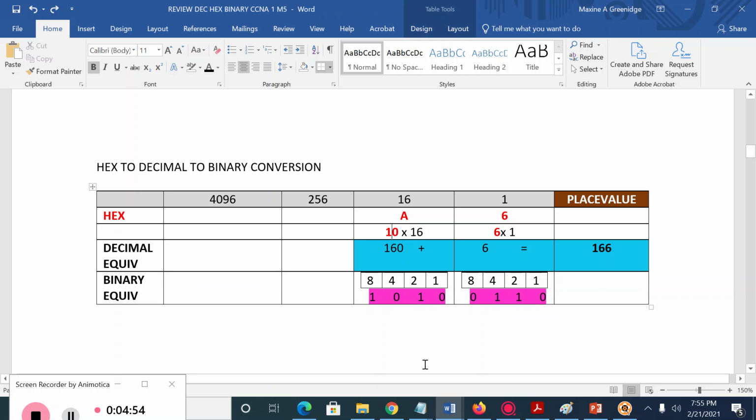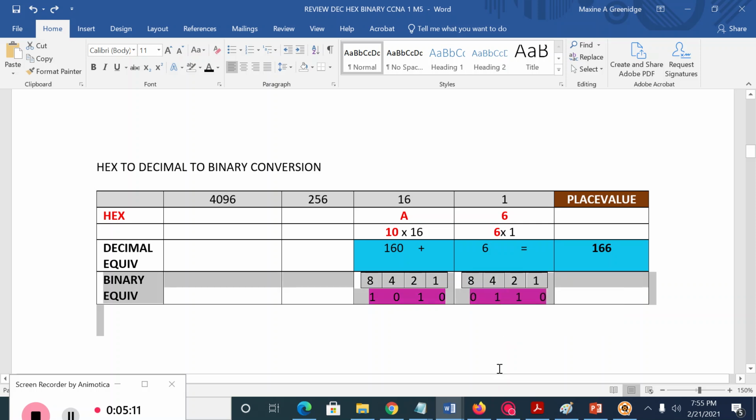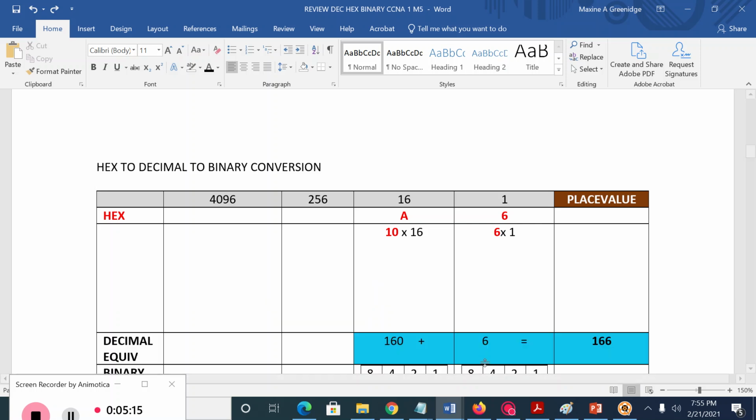As we said, A was 10. If you turn on the values of 8 and 2, you have 1010 represents the value of 10 in this position. And in this position, 6 is represented by a 0. We're not using the 8. We're just counting the 4 and the 2 to give us the 6.